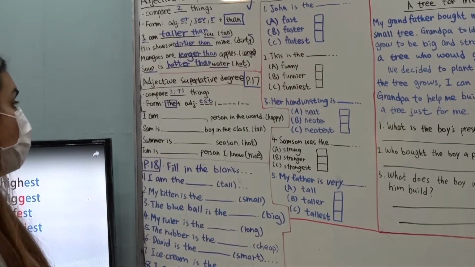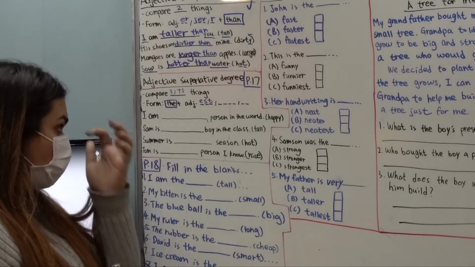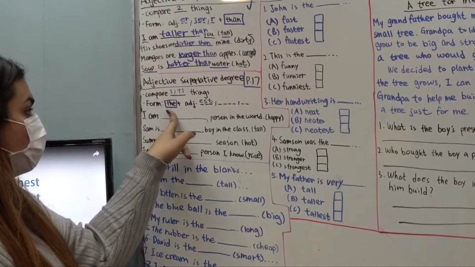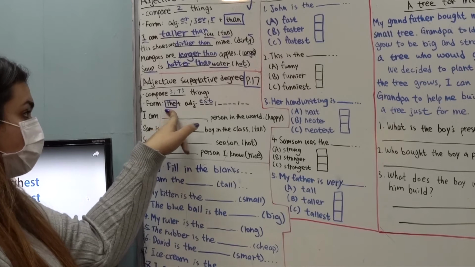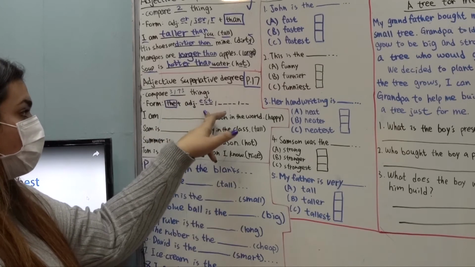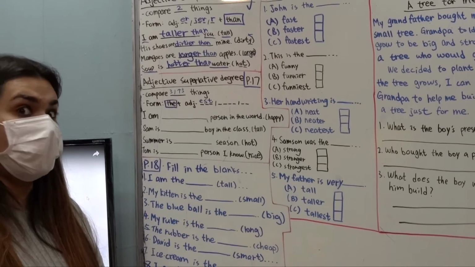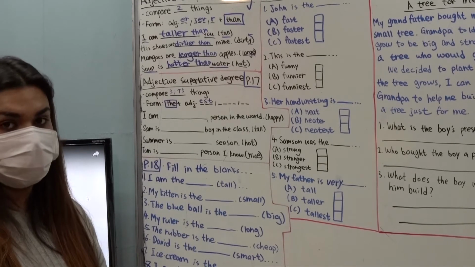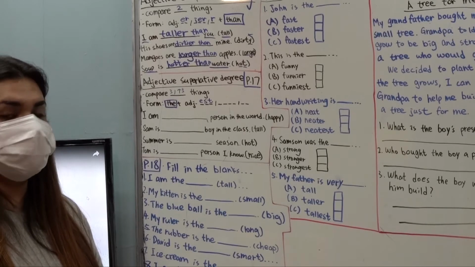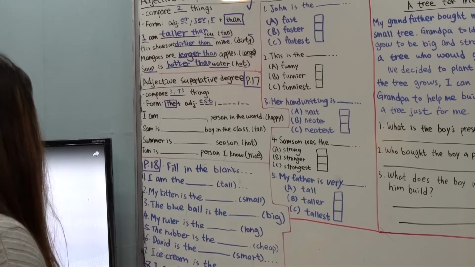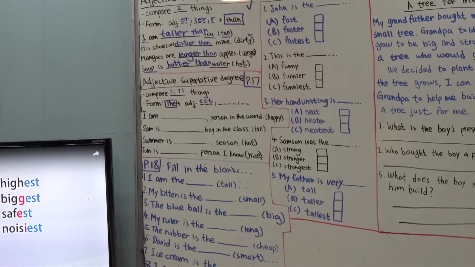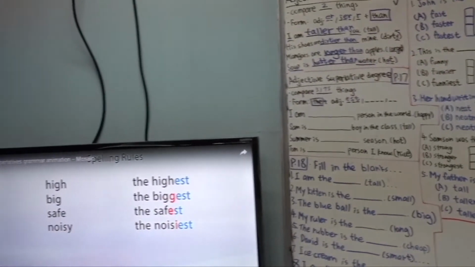Okay, so basically the form of superlative is we add the and then adjective, est, or if the adjective ends with y in superlative, what we have to do, just like here, noisy becomes the noisiest, right?